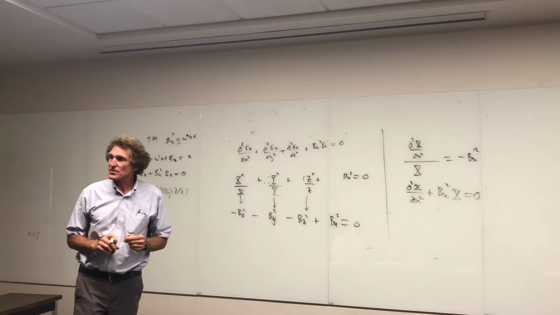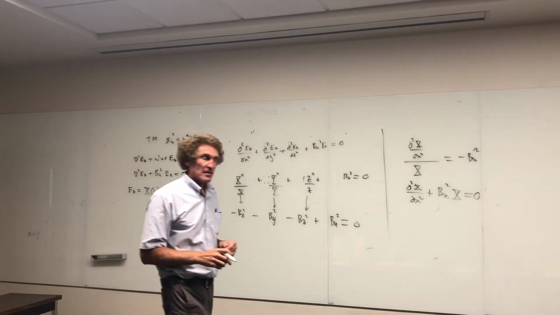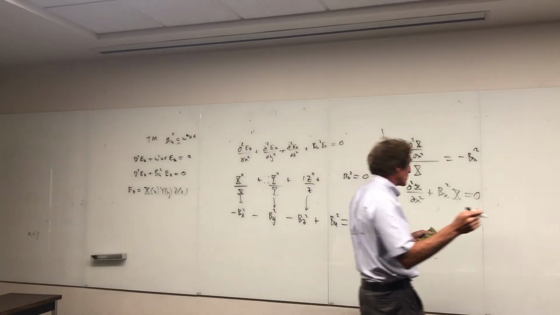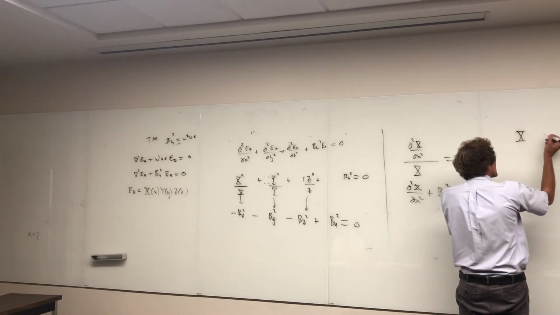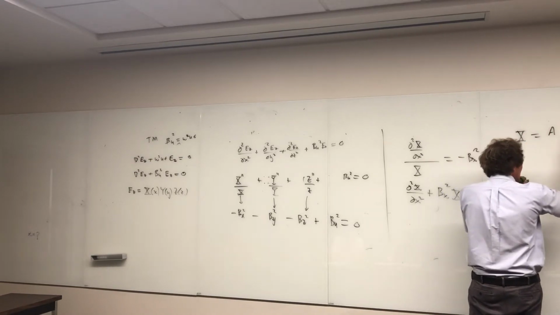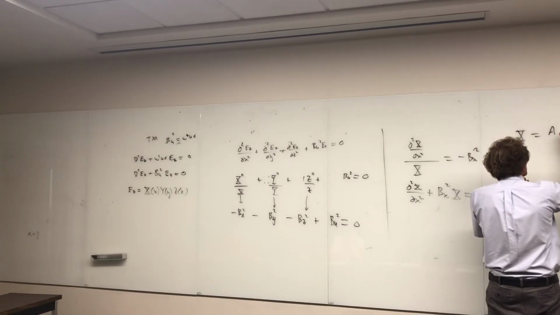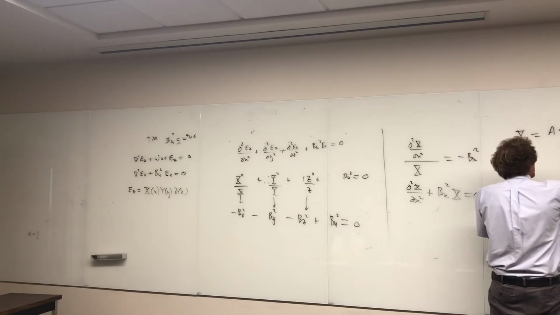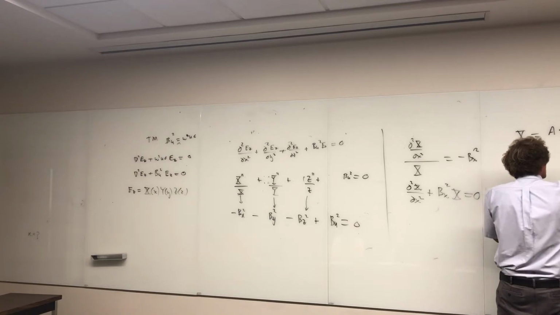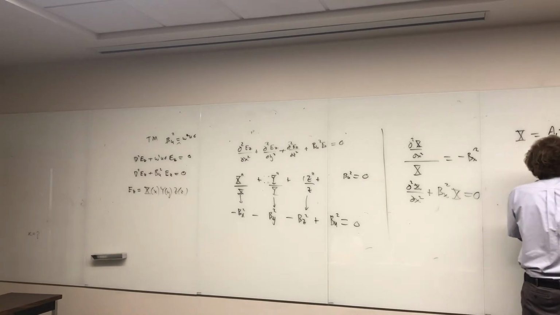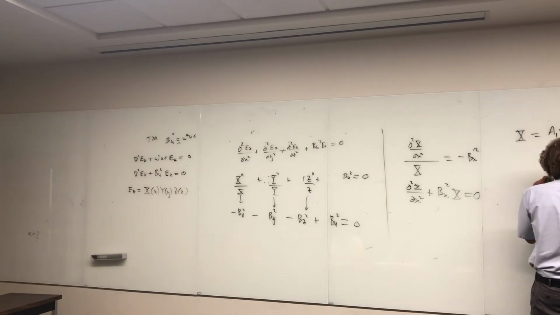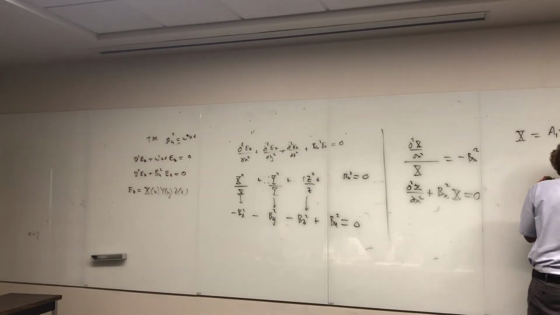Without doing a Laplace transform or using an integrating factor, just accept this as the general form of the solution. You can see it is. In general, the function x will be equal to some constant, I'll call it a1, times a sine of beta x times x, plus a2 times cosine of beta x times x.